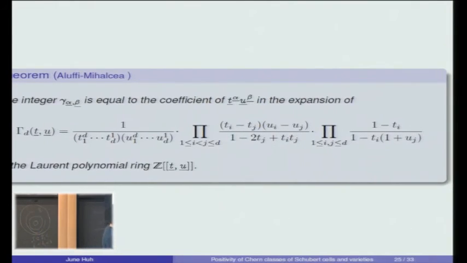If you want to know this gamma, alpha, beta, you look at the coefficient in front of t to the alpha and u to the beta in this large generating function, formal series, in two sets of variables t and u. And that's your number.